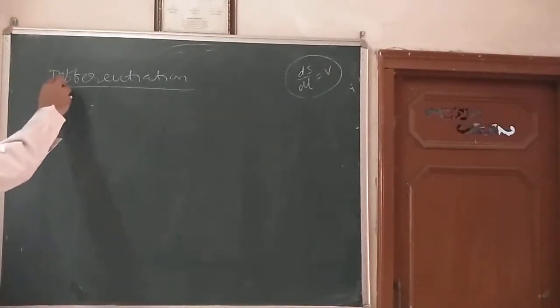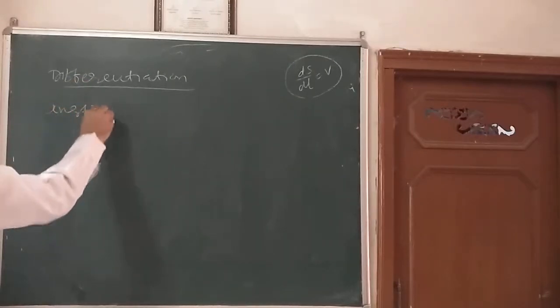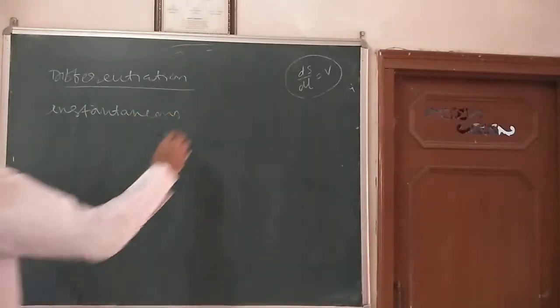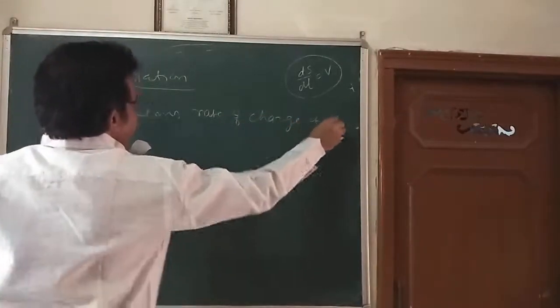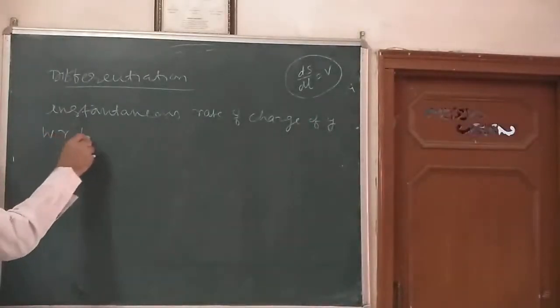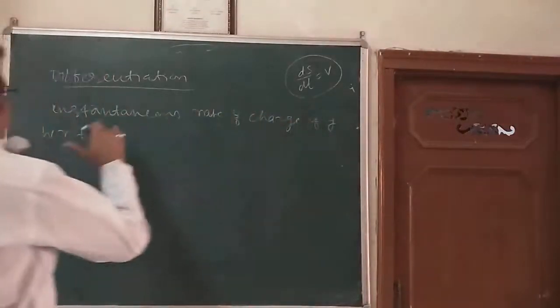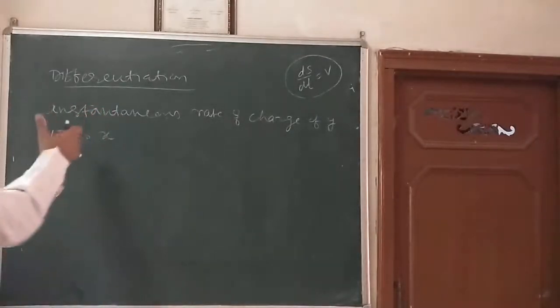So differentiation: the coefficient or derivative of variable y with respect to the variable x is the instantaneous rate of change of y with respect to x, that is, how the value of y changes with respect to x.